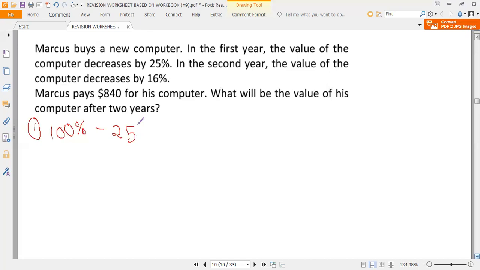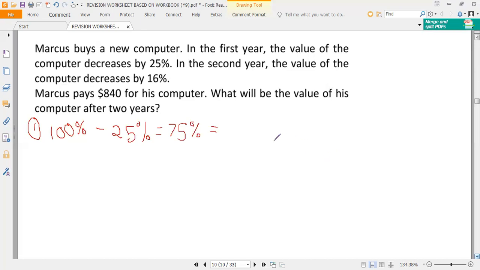So we will minus 25% from the original one, which will give you 75%. So after 1 year, 25% decreases. We only have 75%. So let's convert the 75% into decimal number, because for year 9 level, we encourage you to use decimal numbers in the working.